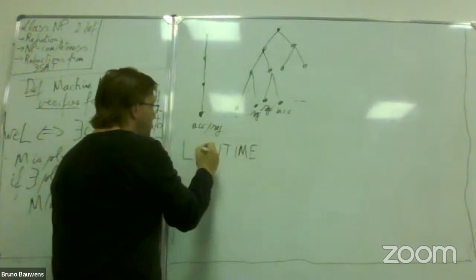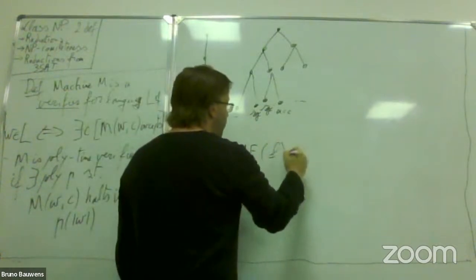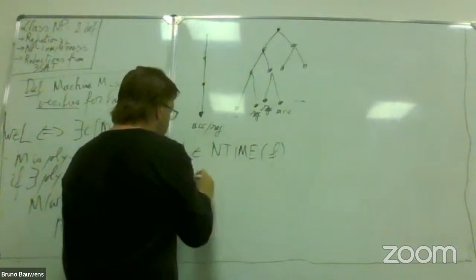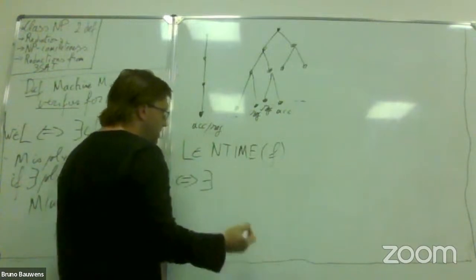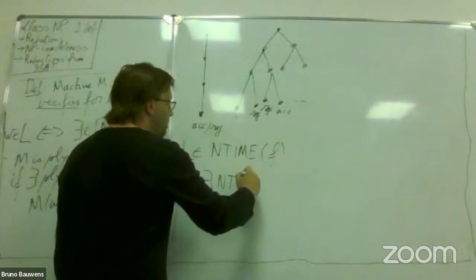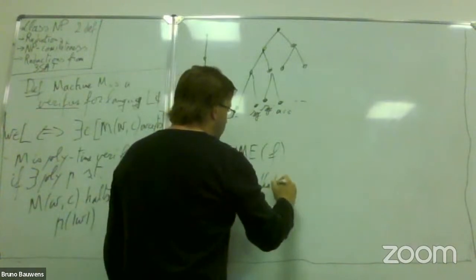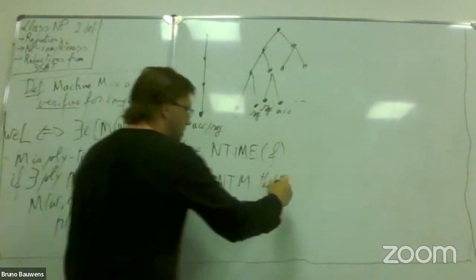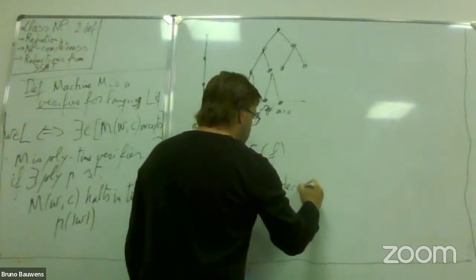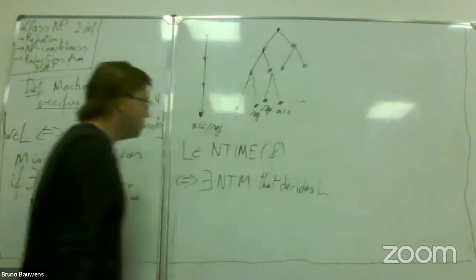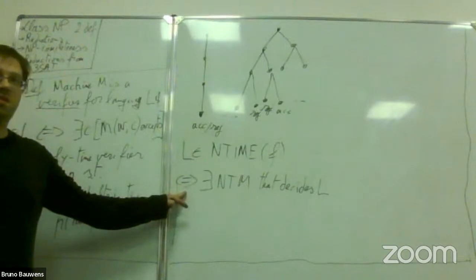A language L is in N time of f if and only if there exists a non-deterministic Turing machine that decides the language. So this is also a short definition.